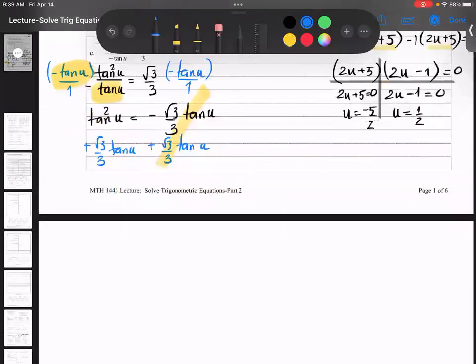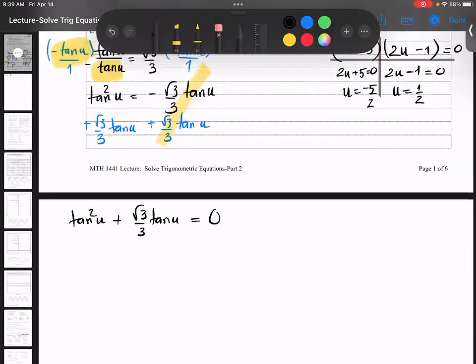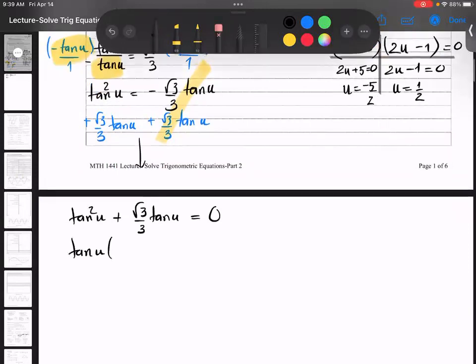On the left hand side, I have tangent squared u plus square root of 3 over 3 tangent u equals 0. Now I'm going to factor out tangent u. What's left is one more tangent u for the first term plus √3/3 equals 0. You guys solve the rest. See what you have.